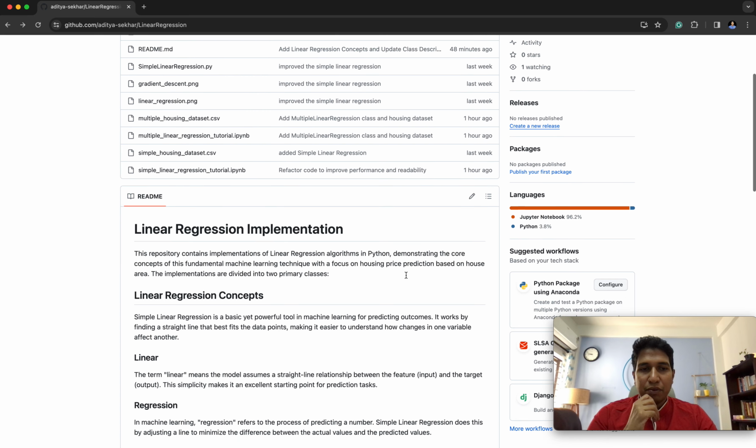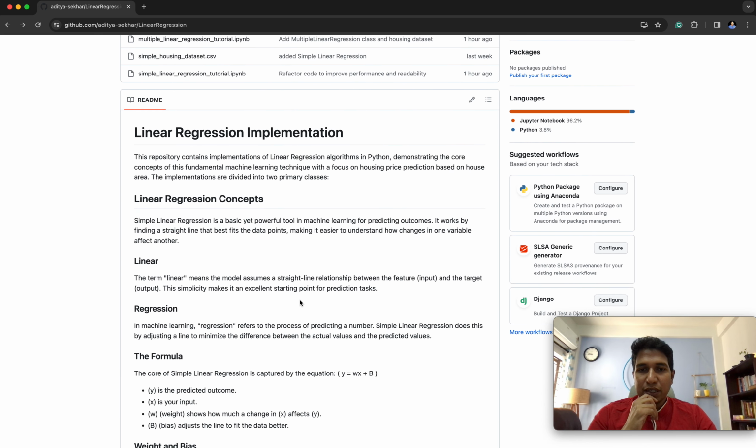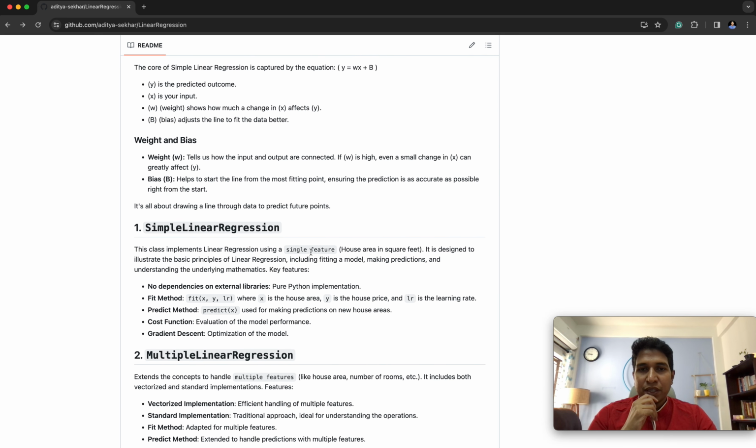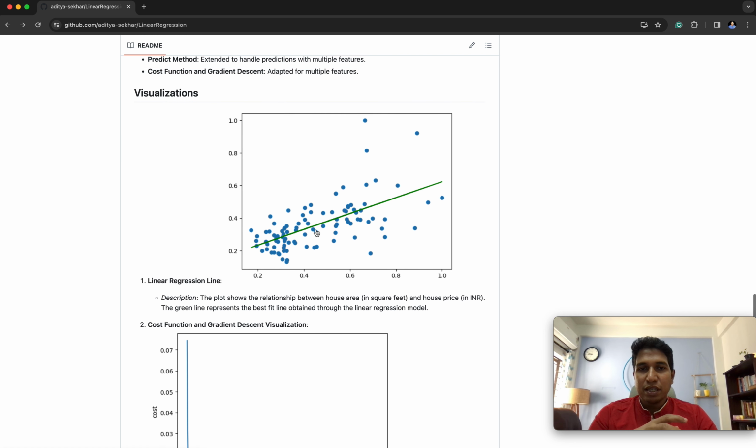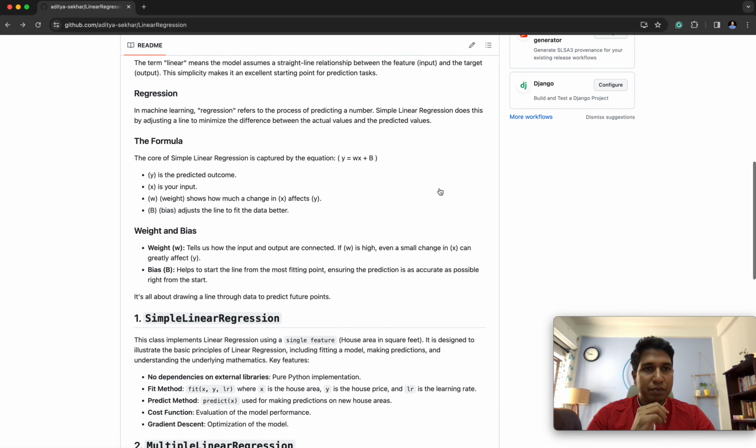For example, in our case, we are taking the example of a housing price. So if it sees a new housing area, it's able to predict the new price based on this line which it draws. So the entire idea of this algorithm is to figure out where the line should be drawn, right?